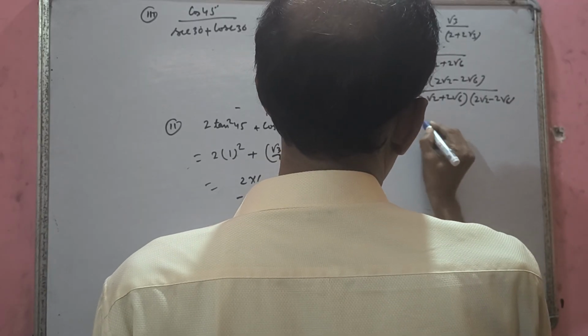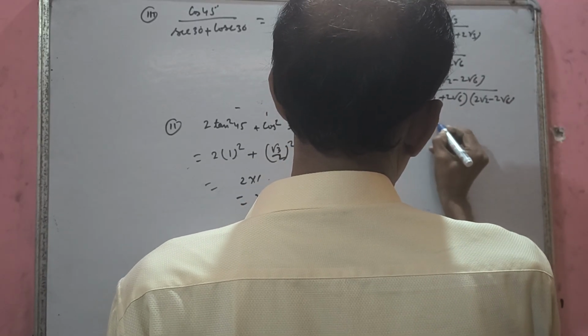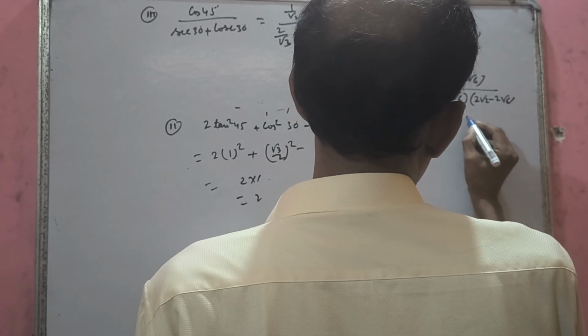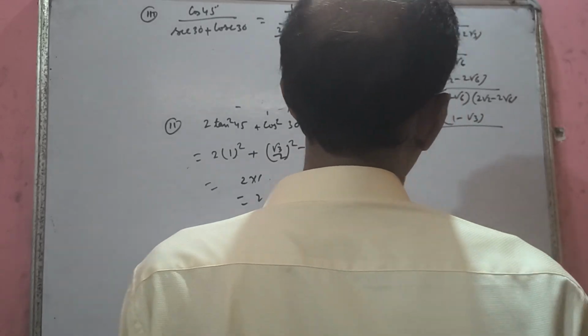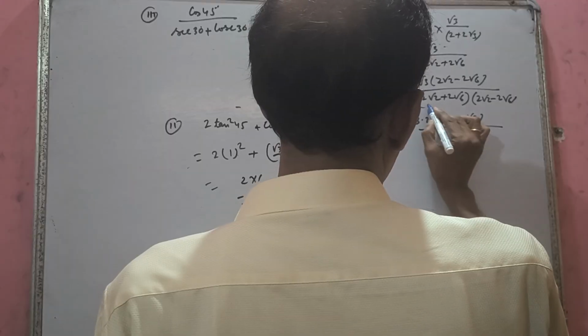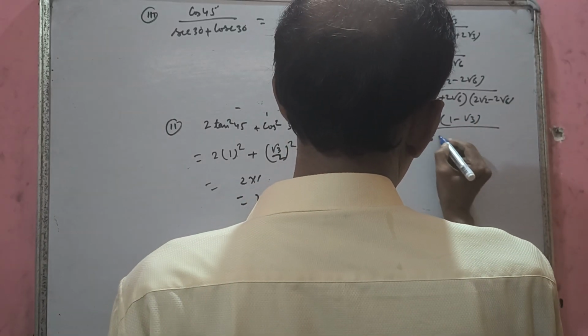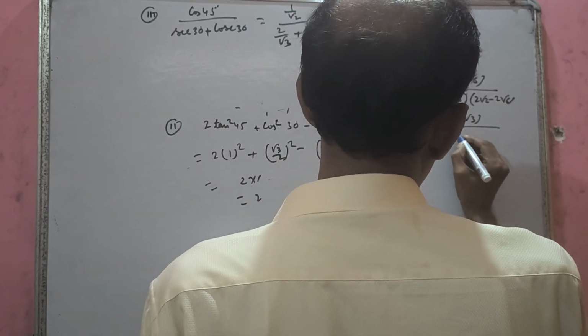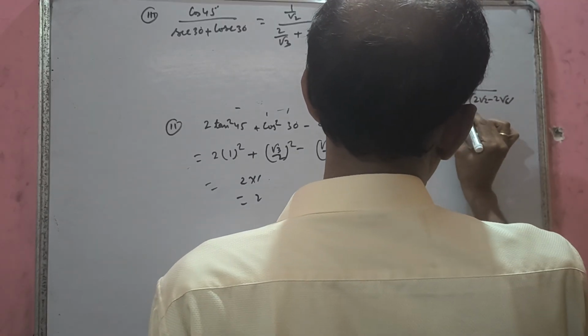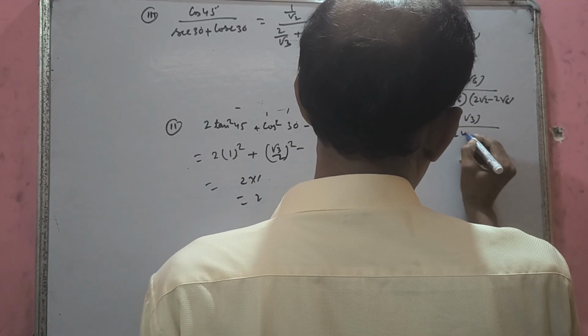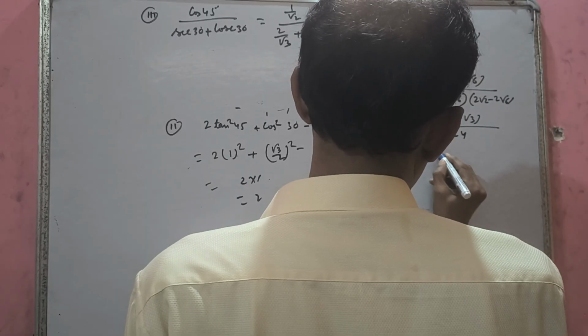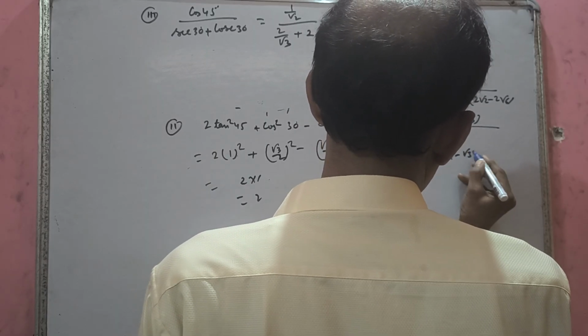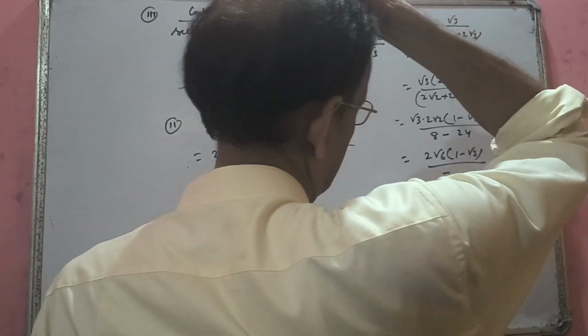you can take 2 root 2 common. Root 3 into 2 root 2 can take common, 2 root 2, 1 minus root 3 by, what is here? A square minus b square. This square is 4 into 2, 8, minus this square is 4 into 6, 24. So this is 2 root 6 into 1 minus root 3 by how much will we get?